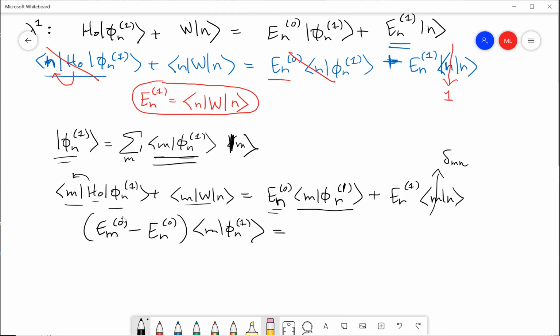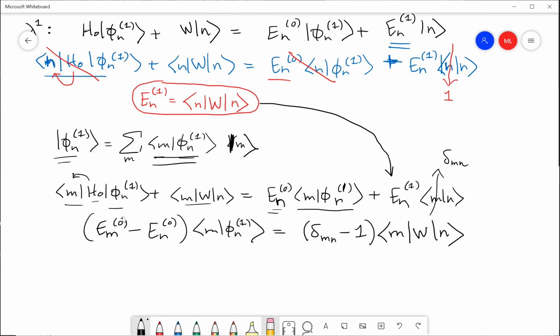All right, so what do you get? Now you can plug in for this guy right here. We already know what it is. So that's equal to, we can write it as follows: delta_mn minus 1, and then <m|W|n>.